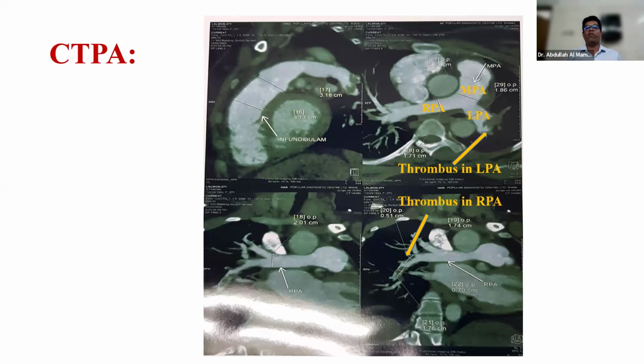Finally, to confirm the diagnosis, CT pulmonary angiogram was done. This is the gold standard test to diagnose acute pulmonary embolism. Here it shows an intraluminal hypodensity area in both the LPA and RPA, that is the left pulmonary artery and right pulmonary artery.